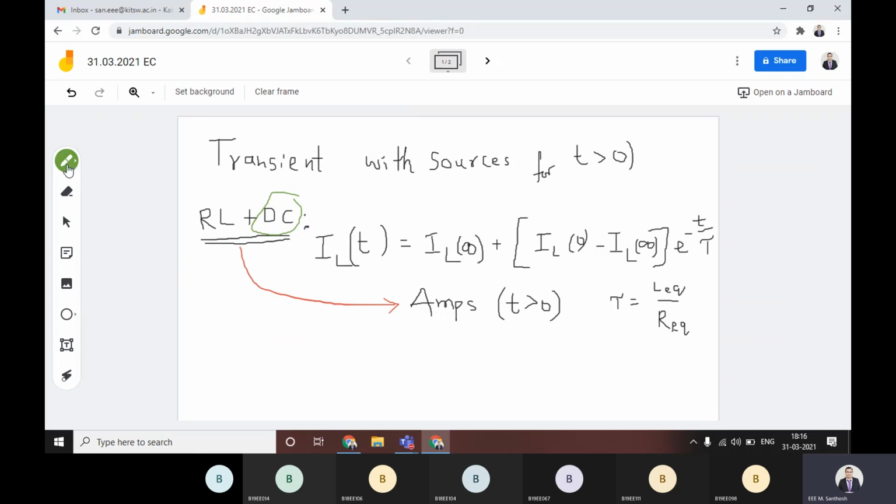You do remember this line. There is an independent DC source in the circuit, but you have to remember this DC source is connected.